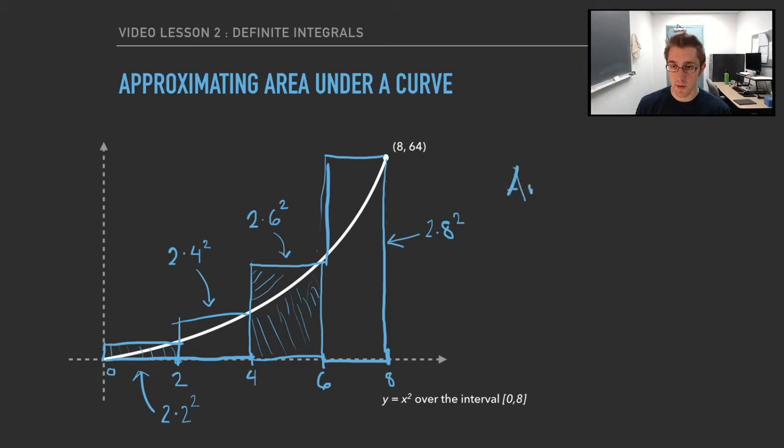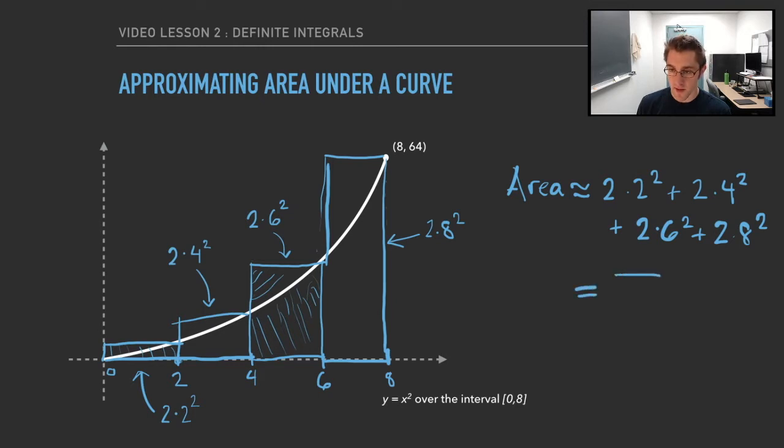So we can write down the approximated area. It's approximately the sum of all these rectangles: 2 times 2 squared plus 2 times 4 squared plus 2 times 6 squared plus 2 times 8 squared.